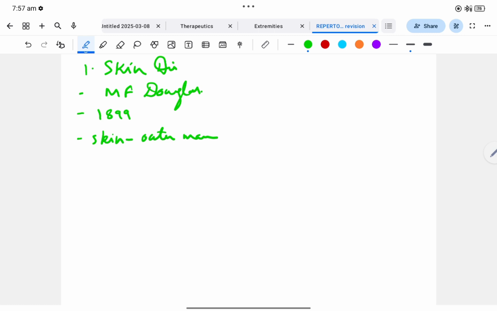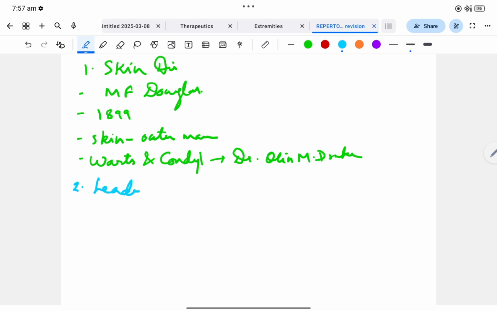And there is also a book given under this repertory, that is Warts and Condylomata, which was prepared by Dr. Olin M. Drake.